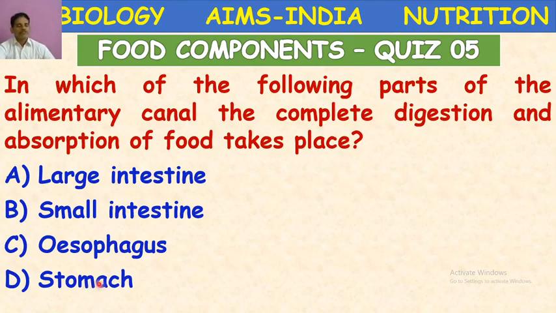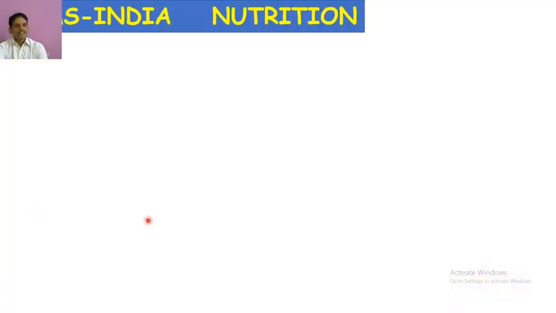Very good, B is the correct answer, small intestine. The maximum part of digestion takes place in the small intestine. After digestion, absorption also takes place in the small intestine. Next.